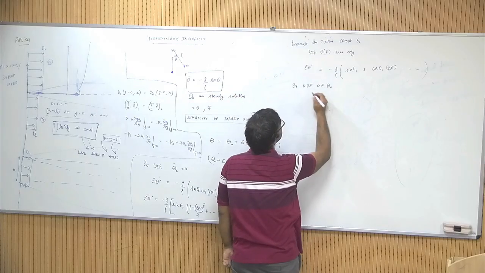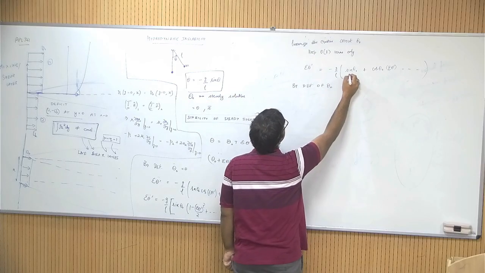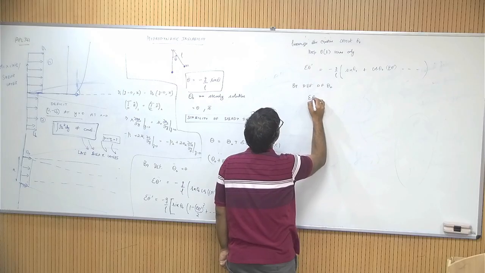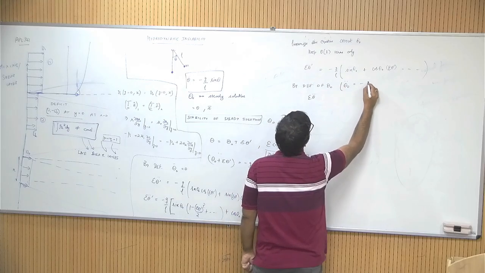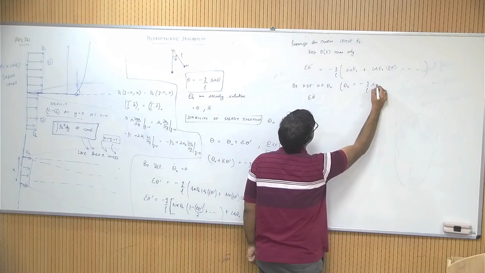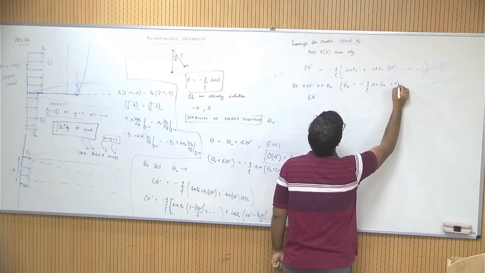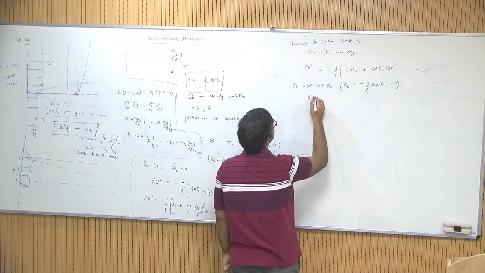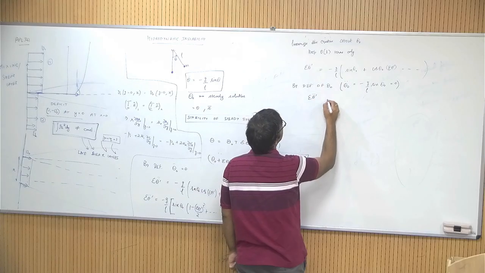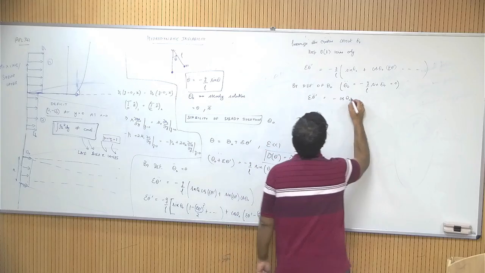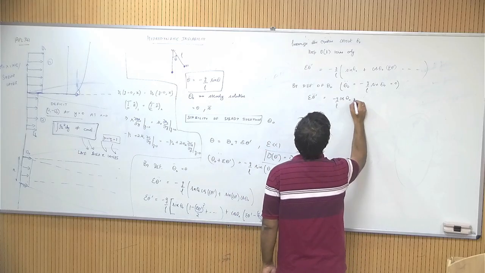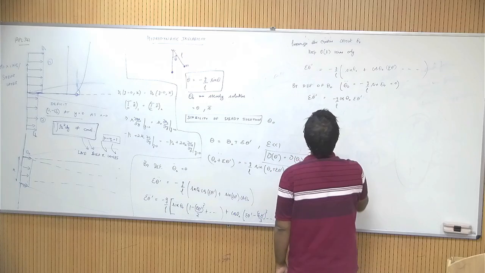So, this term is 0, and we are left with epsilon theta prime double dot equals minus of cos theta naught g by L epsilon theta prime.